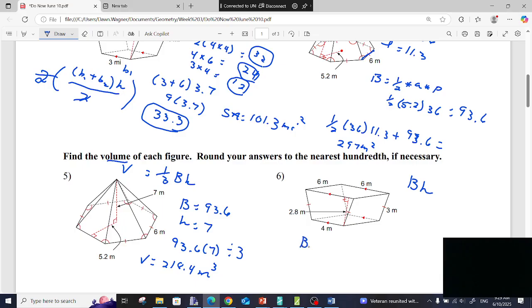So the area of this base is going to be base 1 plus base 2 times height divided by 2, which my base 1 would be this 4 here, base 2 would be the 6, and the height is 2.8. So it would be 4 plus 6 times 2.8 divided by 2.